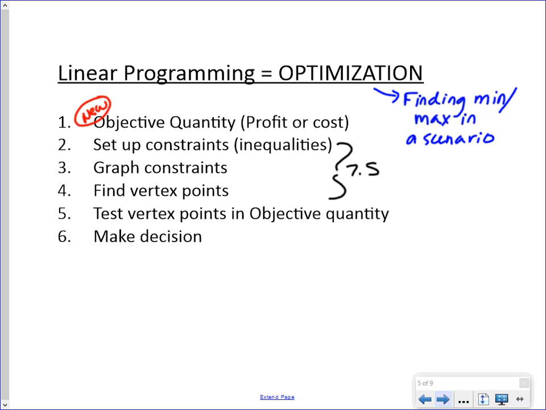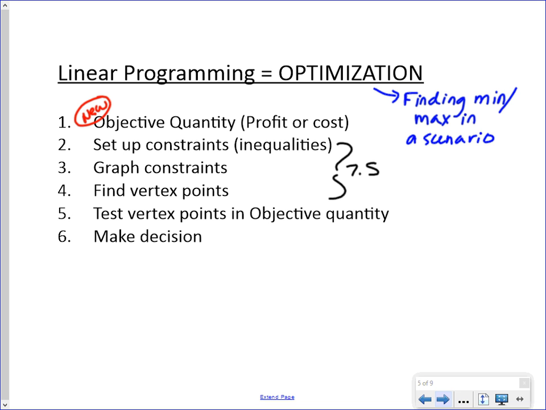After you do all that work from 7.5, then notice number 5 goes back to that new piece that we haven't ever seen before. After you find your vertices, you can take all of them and plug them one at a time into the objective function and see what you get out of it. Some of them are going to be in the middle, but there will be at least one or two that will be the max or the min. Okay?